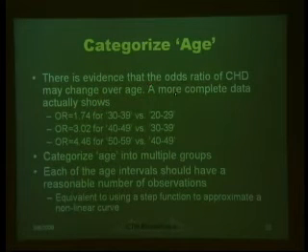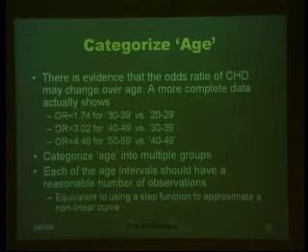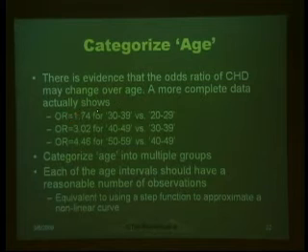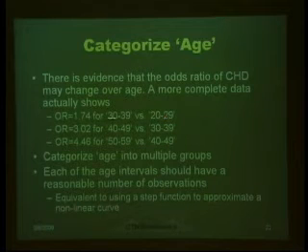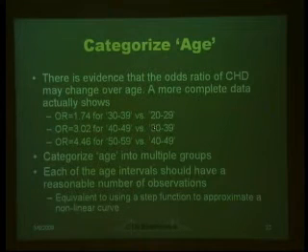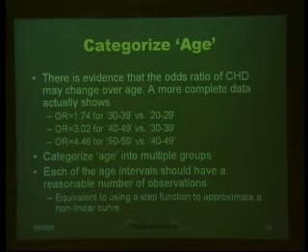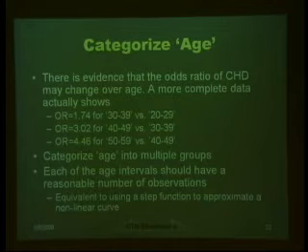So, in the table, I only list 33 subjects. Actually, it's a quite large data set. And if we break the age into intervals and calculate the odds ratio, we can see, okay, for 30 to 39 versus 20 to 28, the odds ratio is 1.74. And if you compare 40s versus 30s, the odds ratio increases to 3. And if you compare 50s versus 40s, the odds ratio increases to 4.46.